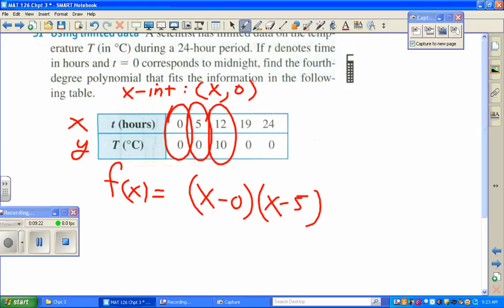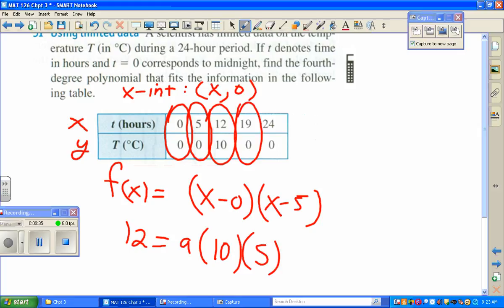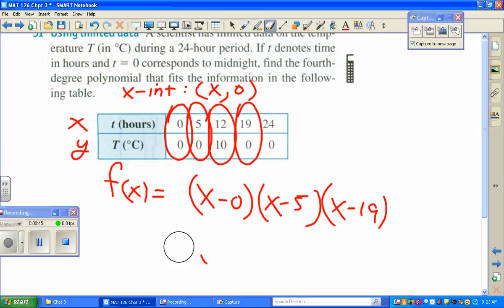This point, 12, 10. Ooh, find A. 12 equals A times 10 times 10 minus 5, which is 5. 19 and 0. X-intercept, x minus 19. Don't forget, I'm putting in 10, or I'm sorry, 12. Wait a minute. I got that backwards.